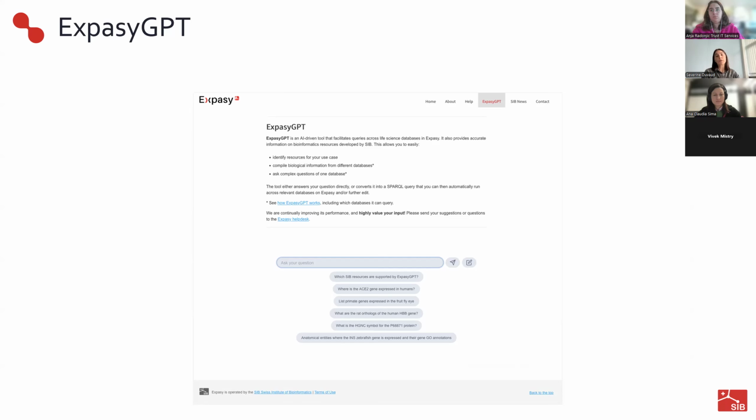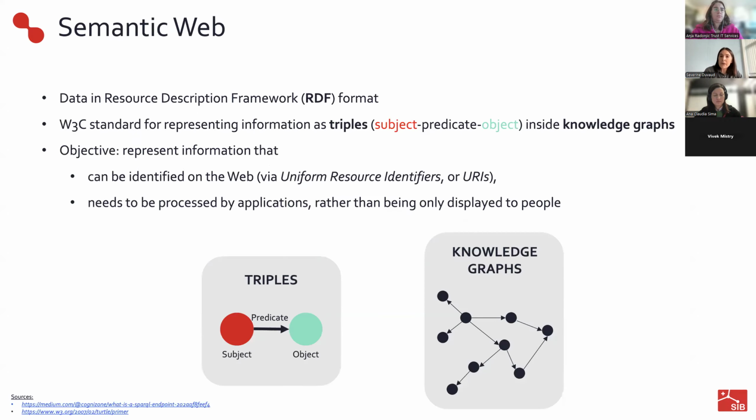For this, we have chosen to use the semantic web approach. I'm not going to explain to you what the semantic web is because we have eminent experts in the audience and especially among the speakers. That's why I'm going to present the semantic web as information represented as triples.